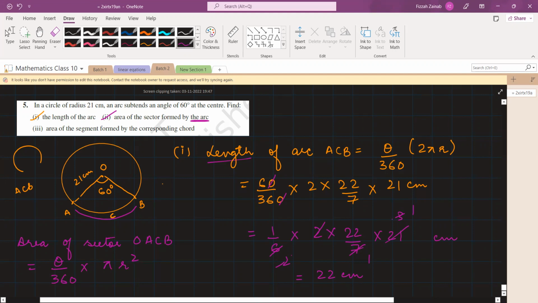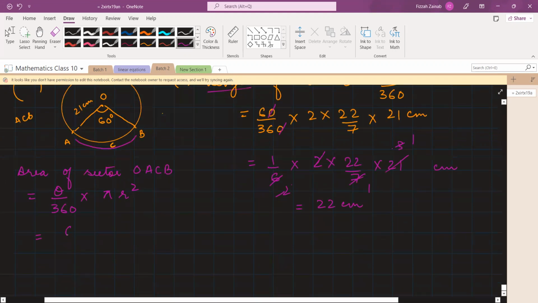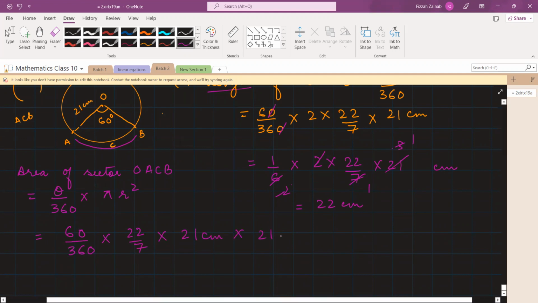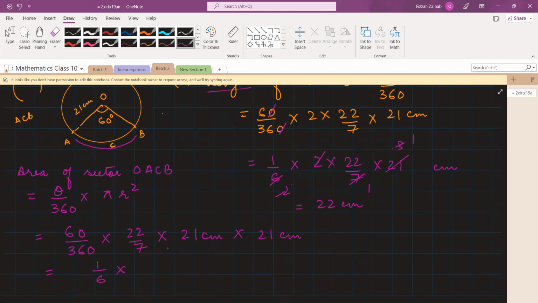Now just put the value, simple. 60 by 360 into 22 by 7, radius is 21 centimeter into 21 centimeter. Again, this is 1 by 6, right? Into, and 7 if I divide, so 3 times it will go.